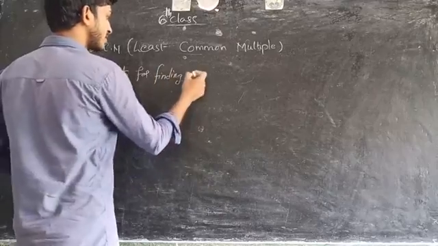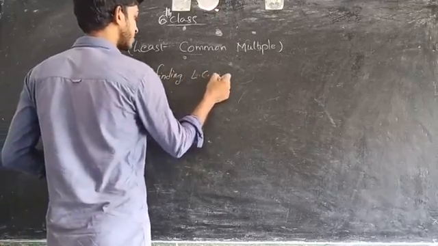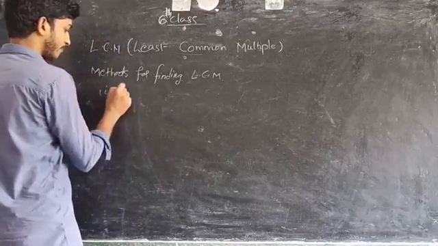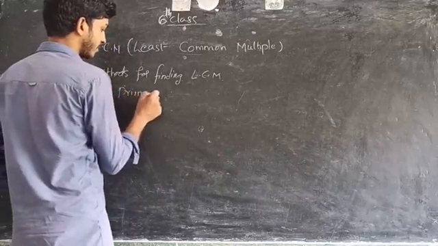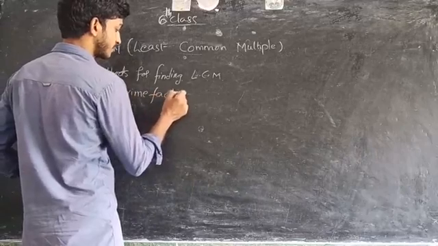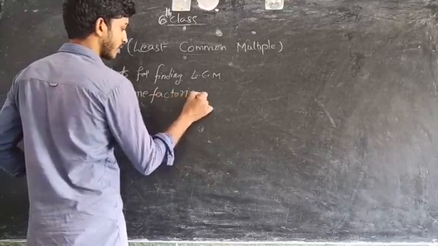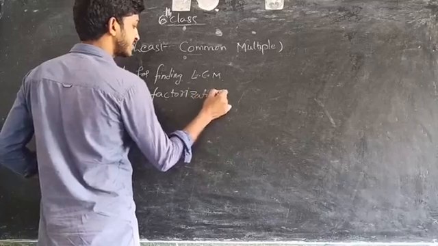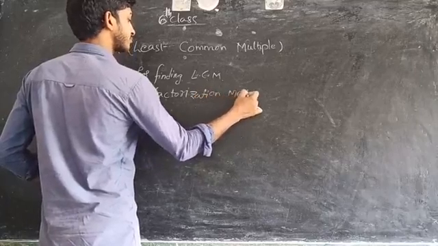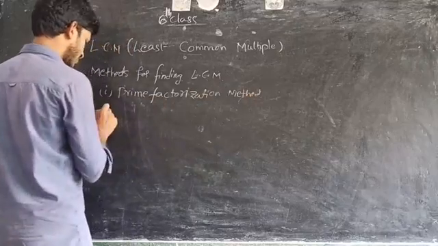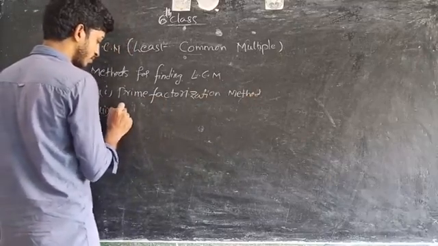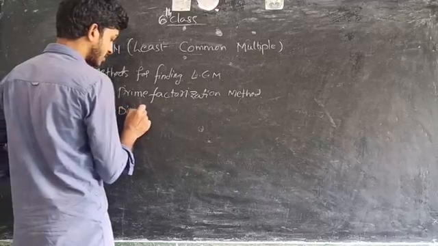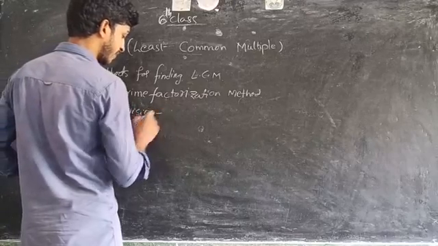One is the prime factorization method, and the second is the division method. We have two methods to find the LCM of the given numbers.